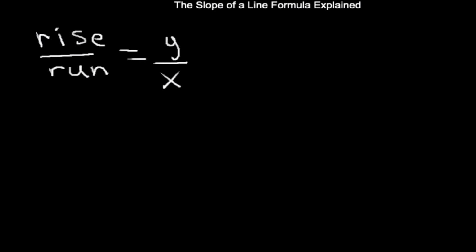Okay, so let's say that you have the points, let me use a different color. So yeah, let's say that you have the points (-1, 1) and let's say (2, 0).